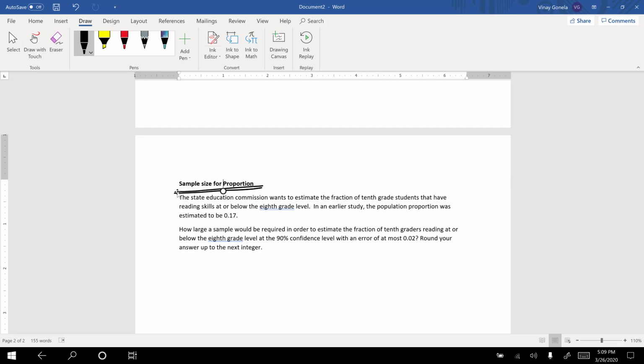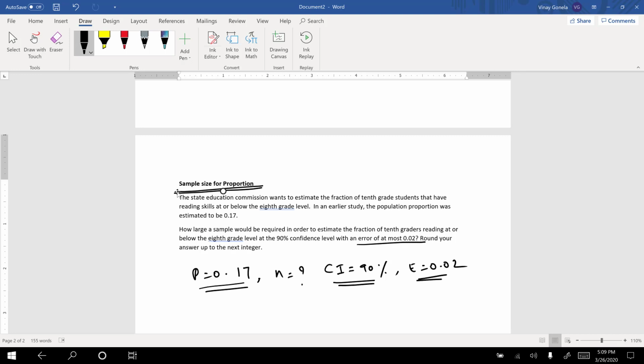So they gave us the proportion, which is 0.17. How large a sample should be required to estimate the fraction of 10th graders reading at or below 8th grade at the 90% confidence level? So the confidence interval is 90% and error is at most 0.02. These are given, so I will just type in and try to get the sample size.